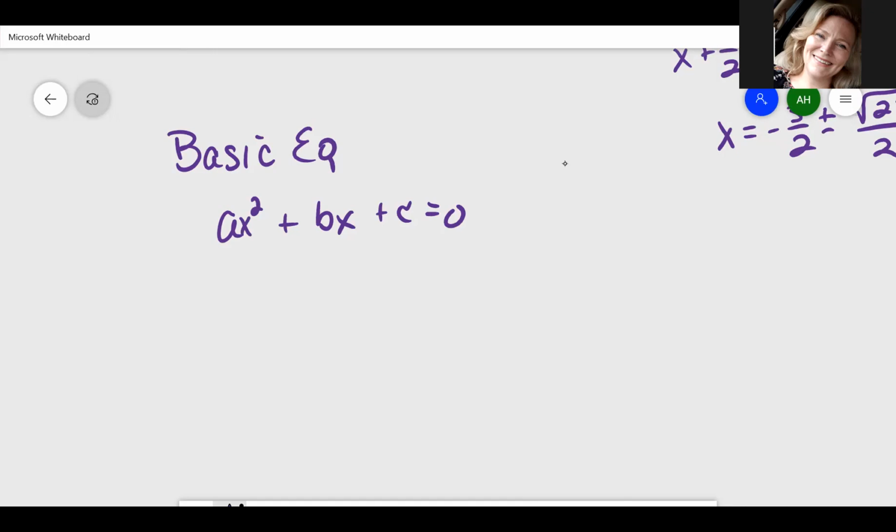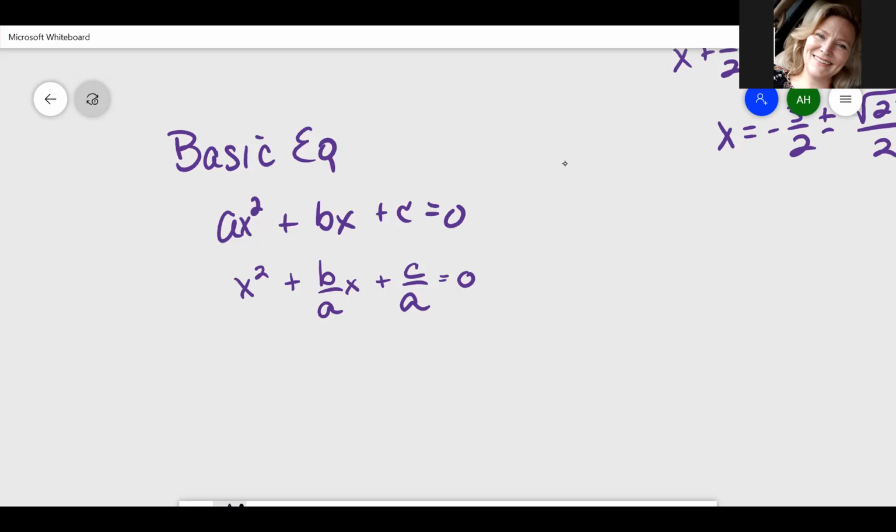Look at this. I need to get rid of that a as the coefficient of x, so I'm going to divide everything by a in order to make that happen. If I divide everything by a, I've then got x squared plus b over a x plus c over a equals 0.